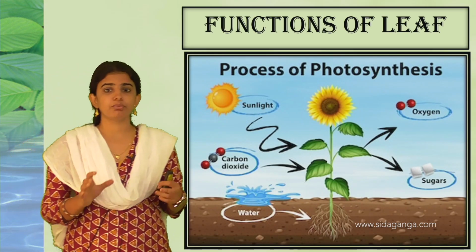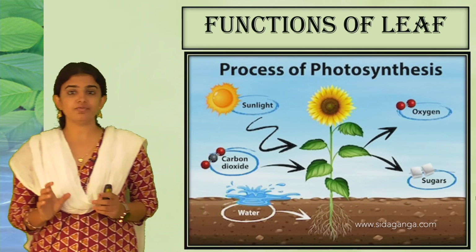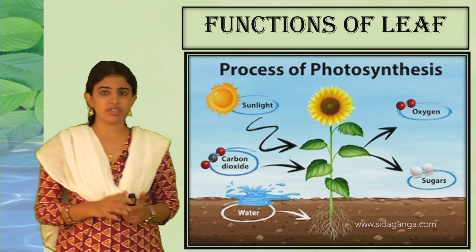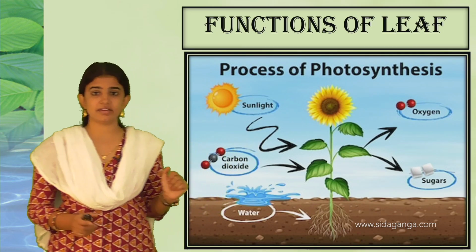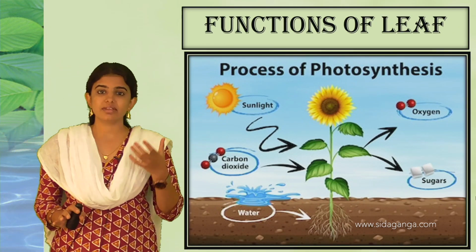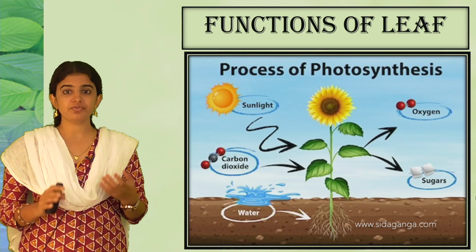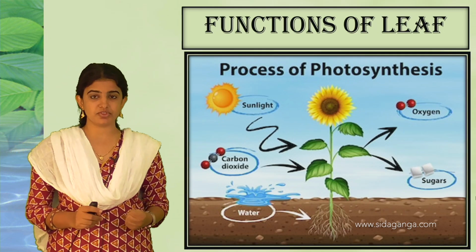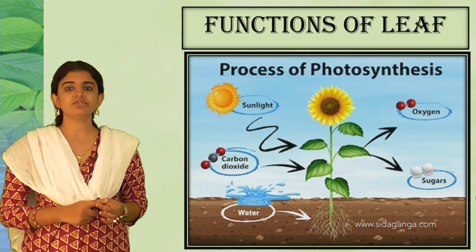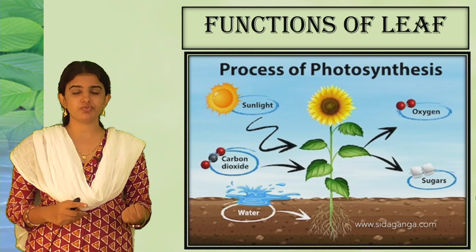functions of the leaf. The most important function of the leaf is photosynthesis. As the name indicates, photo means light and synthesis means to prepare. Here the plants prepare food by taking simple substances like carbon dioxide and water from the atmosphere.